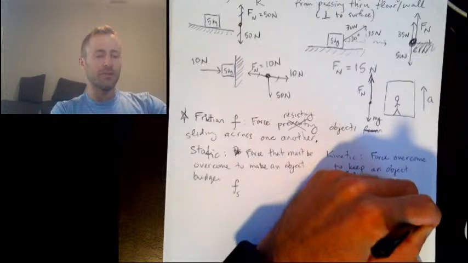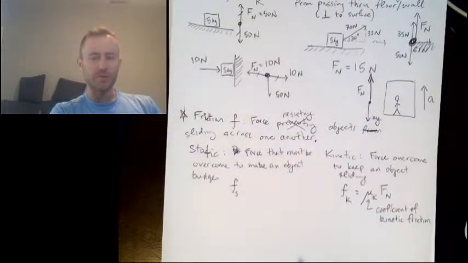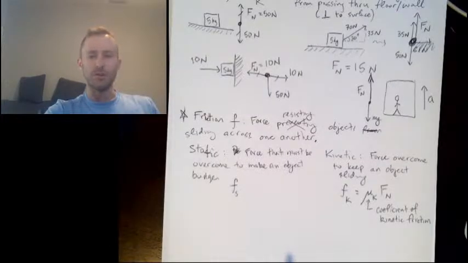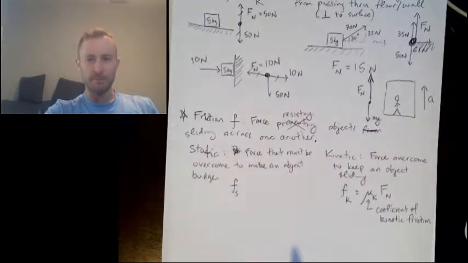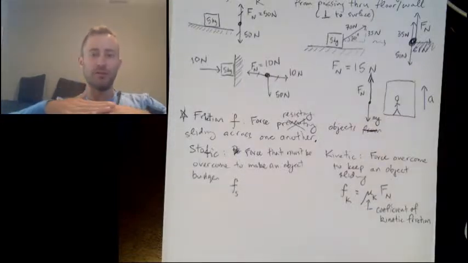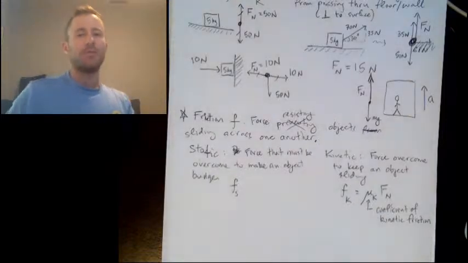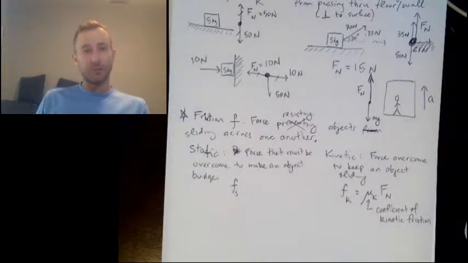And it is basically a measure of how rough the surface is. If the surface has a large coefficient of kinetic friction, then it's difficult to slide something across that surface, okay? If it has a small coefficient of kinetic friction, it could be considered frictionless.